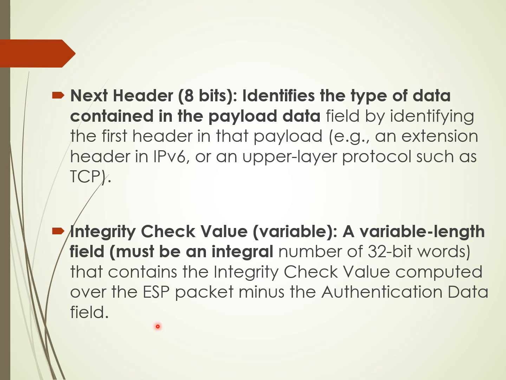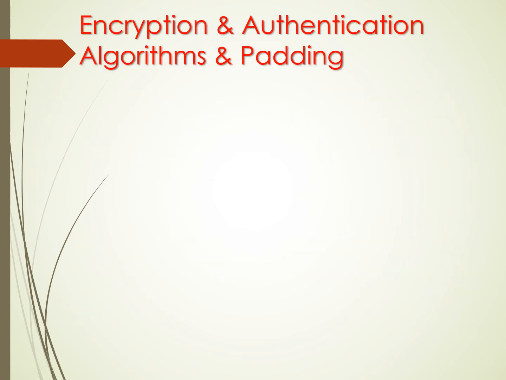As I mentioned earlier, some fields are used for encryption and some fields for authentication. We cannot use all the fields for authentication; we only go for authentication on the selected fields. The fields used for encryption minus the fields used for authentication data, that is what the integrity check value covers.